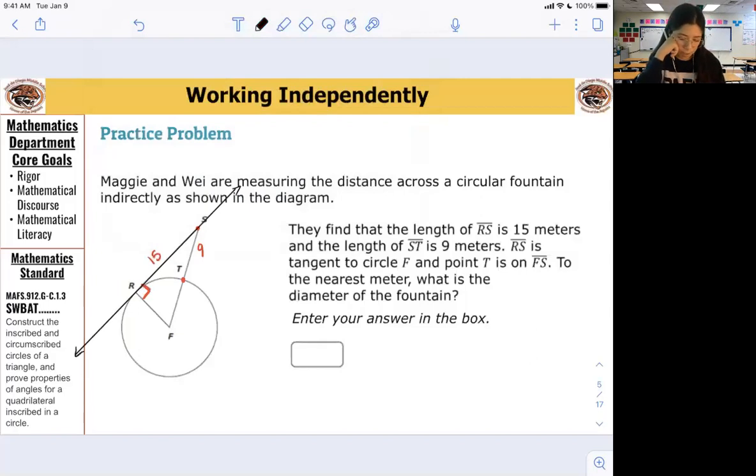Do I know anything about SF? FT would be the radius. Do we know how long FT is?